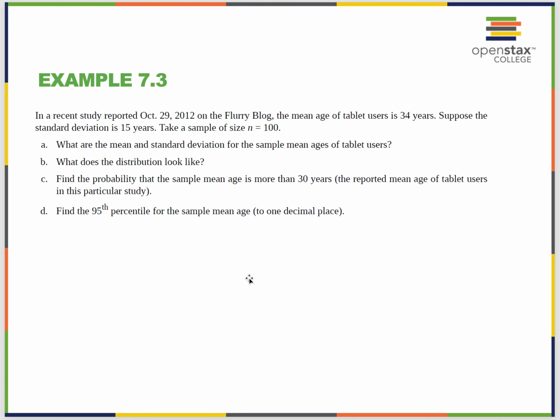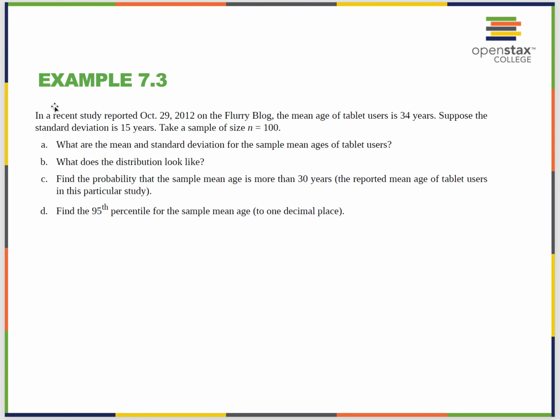Notice that the sample sizes have nice square roots so far. That doesn't stay that way. What is the mean and standard deviation of the sample mean of tablet users? What does the distribution look like? Find the probability that the mean age is more than 30. Find the 95th percentile of the sample mean age to 1 decimal place.